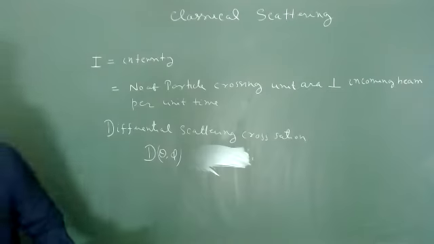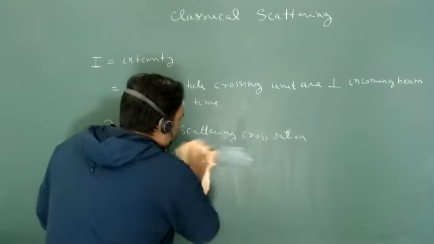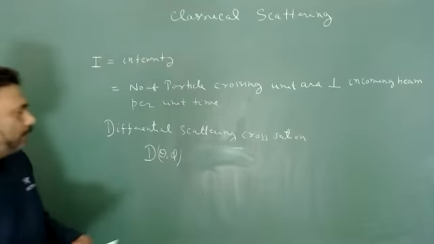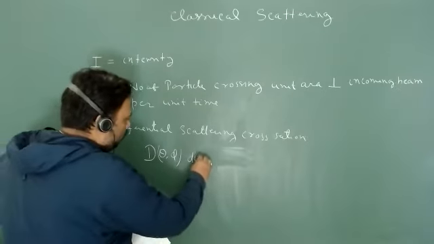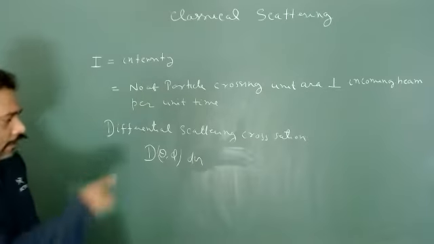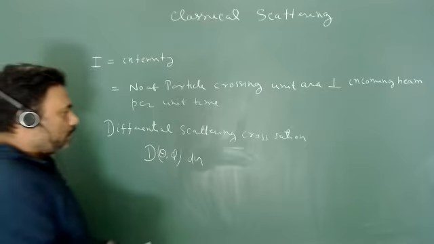We have the differential scattering cross section times d omega. D omega is some solid angle. Why we are taking solid angle, we will discuss also.